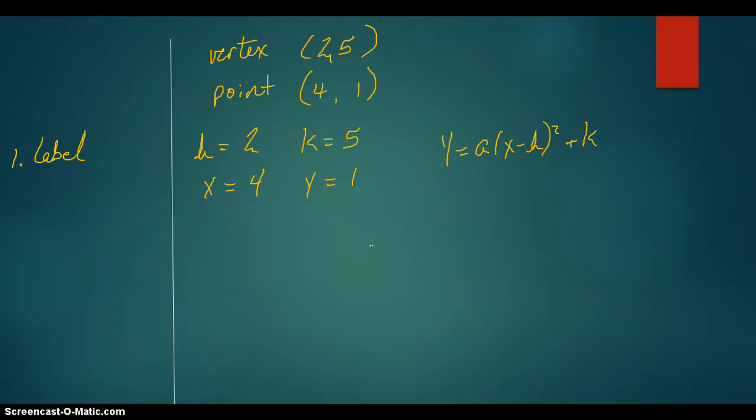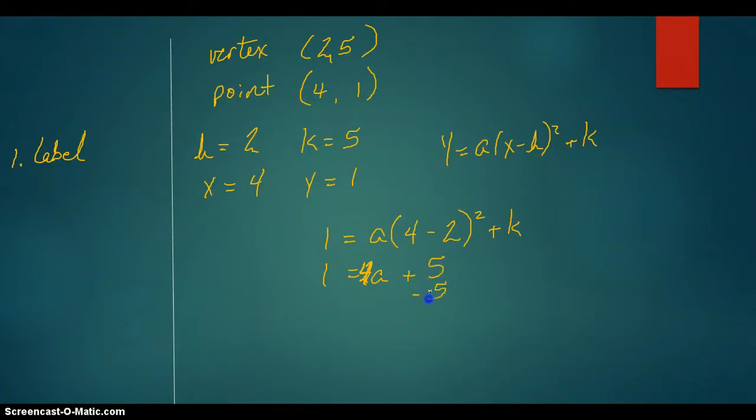So let's substitute everything in there. Y is 1. A is our unknown. X is 4. H is 2 squared plus K. So I hope you guys got, that's 2, oops, it's 4. Plus K, which is 5.